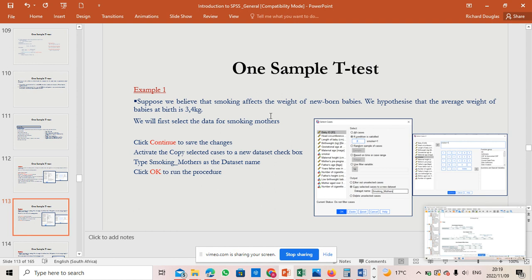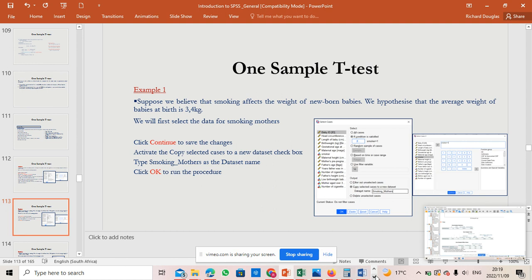So we are going to base our hypothesis on this. The null hypothesis is that the birth weight of babies born to smoking mothers is 3.4 kilograms. We are going to run a one sample test to see whether we need to accept or reject our null hypothesis based on the p-value that will be calculated.